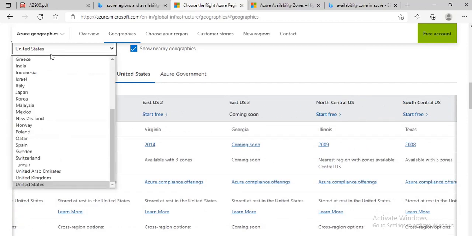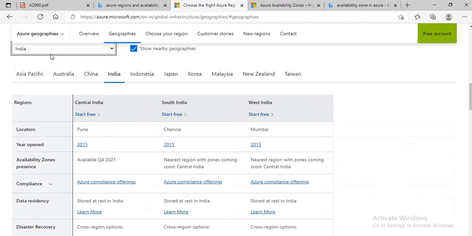Similarly, for India, the regions are distributed into Central India, South India, and West India. That means in each of these regions there is a separate data center of Microsoft Azure hosted, and each of these also has availability zones.